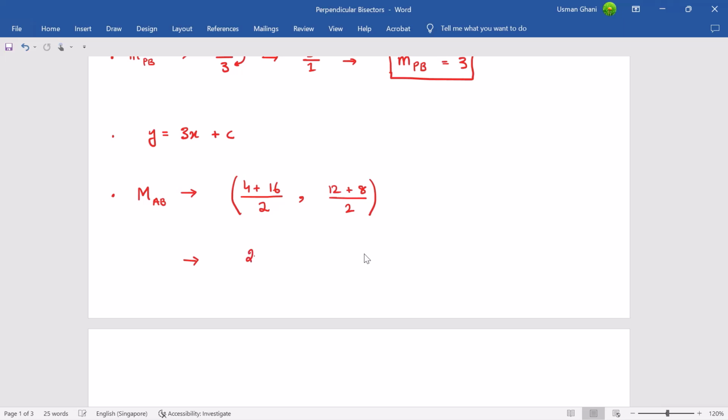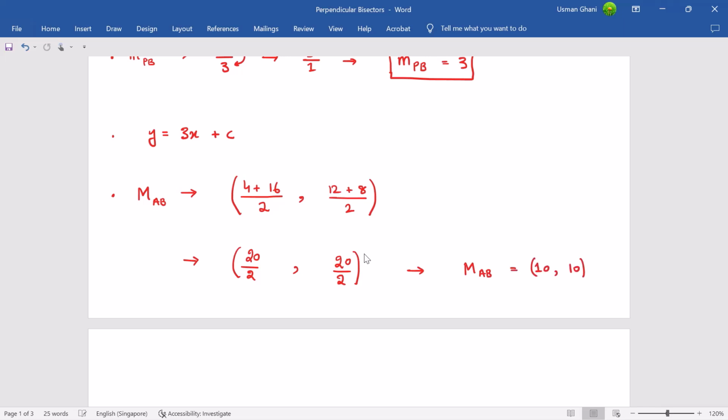So it's going to be 20 over 2 comma 20 over 2. So in this case, the midpoint is simply going to be 10 comma 10.